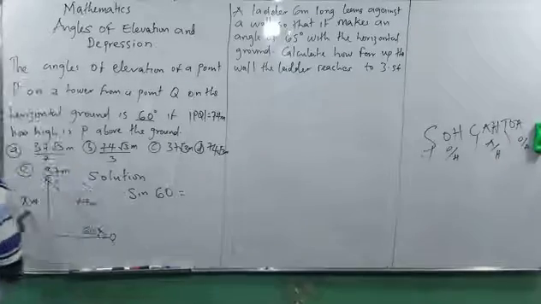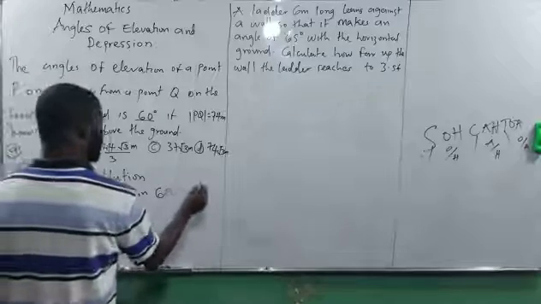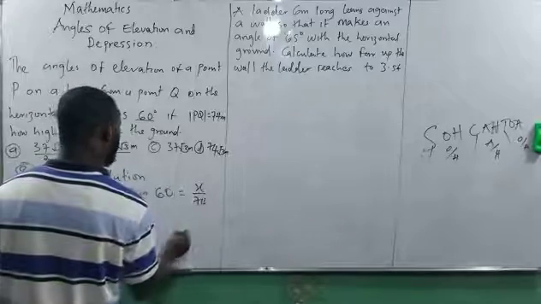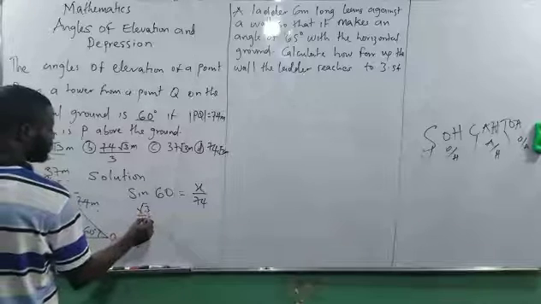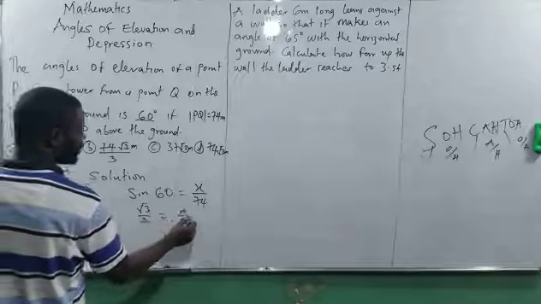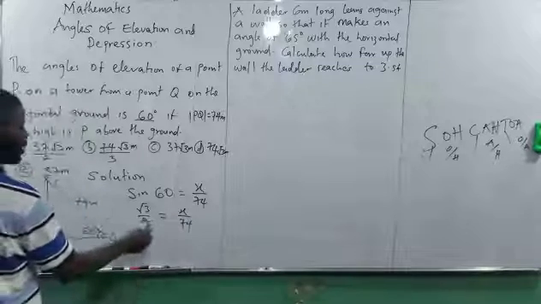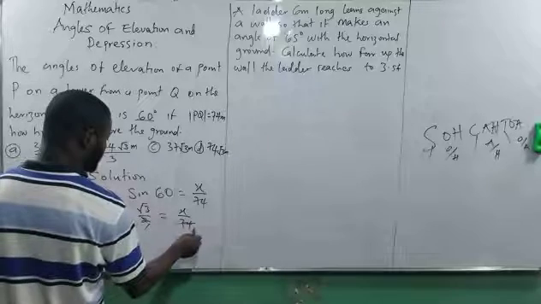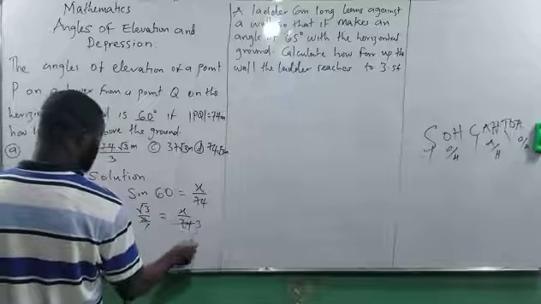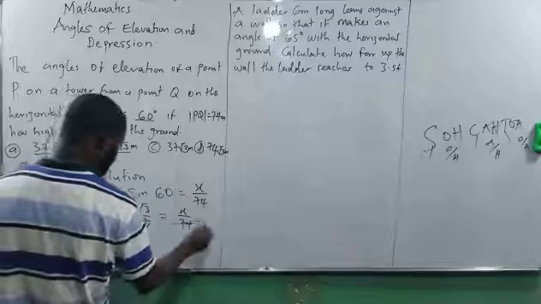Now, it means opposite over hypotenuse is x over 74. I know my sine 60 is always root 3 over 2, equals x over 74. Now, normally 2 into 74 is 37, and 2 into 14, remainder 1... in 14 it will be 7.